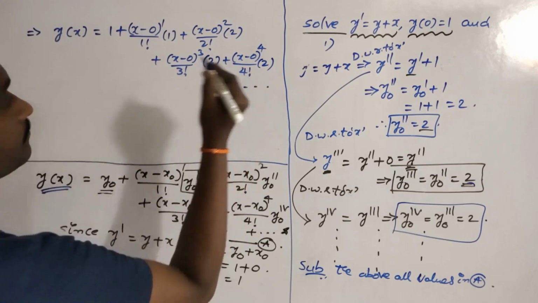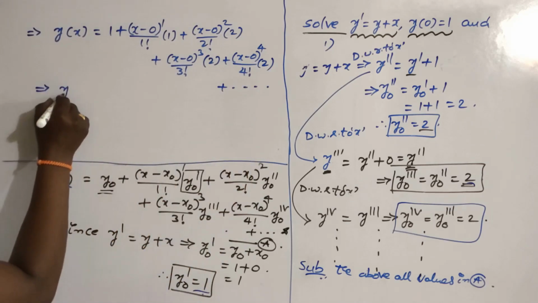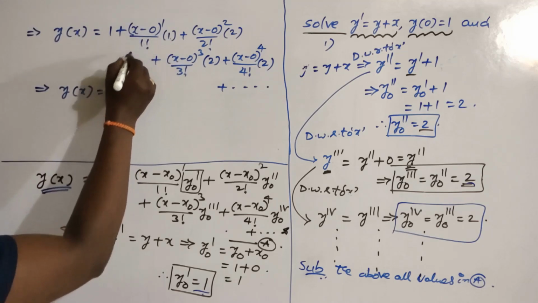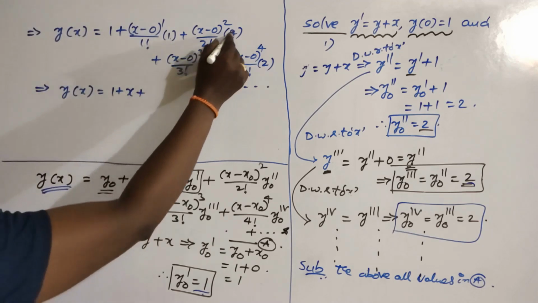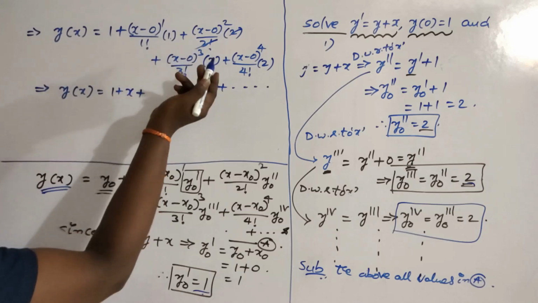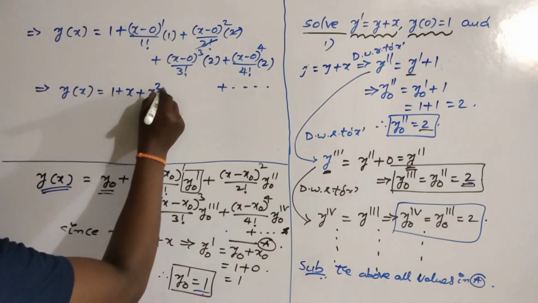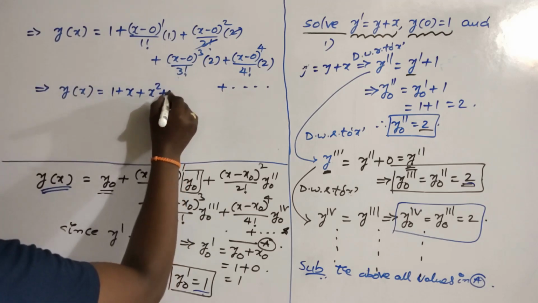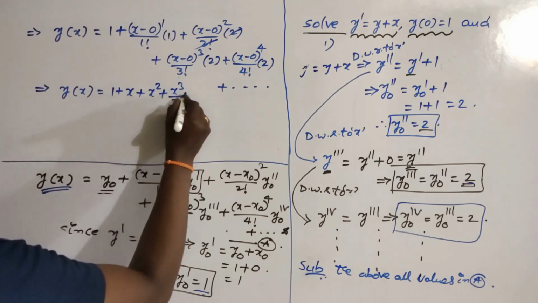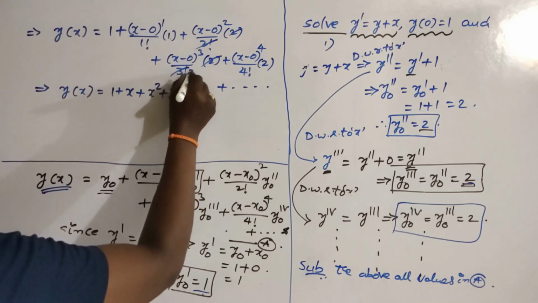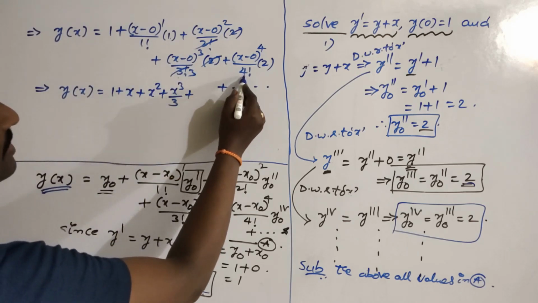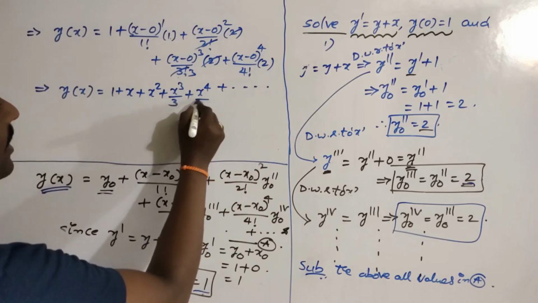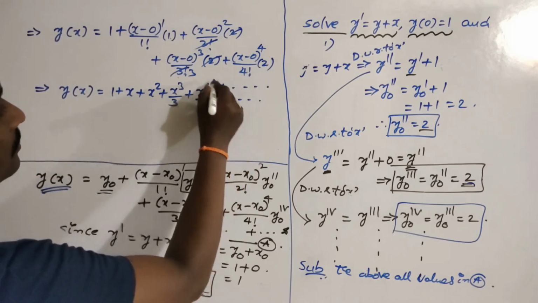From this, what is y of x? 1 plus x into 1, x by 1 factorial means only x. Here 2 and 2 factorial get cancelled because 2 factorial is 2, so simply you have x square. Here 3 factorial is 6, 2 by 6 is nothing but 1 by 3, so the next term is x cube by 3. 4 factorial is nothing but 24, 2 by 24 is nothing but 1 by 12, so x power 4 by 12, plus so on.